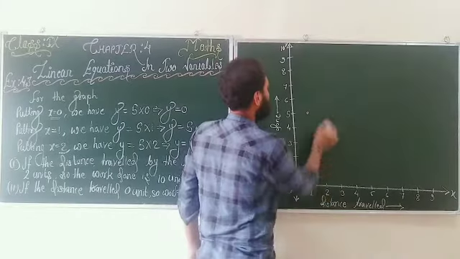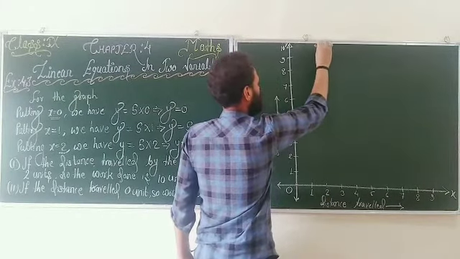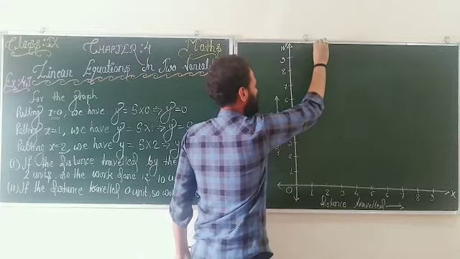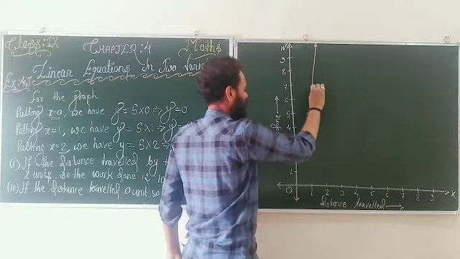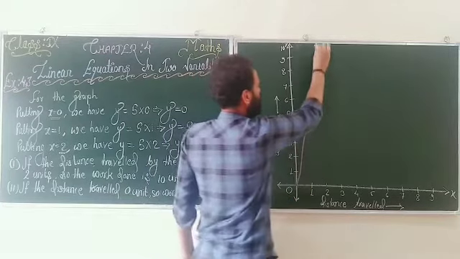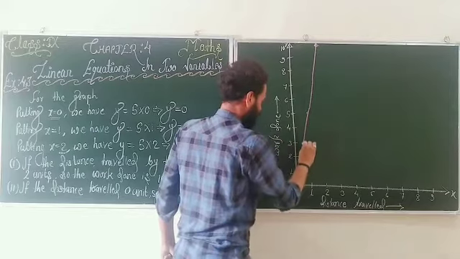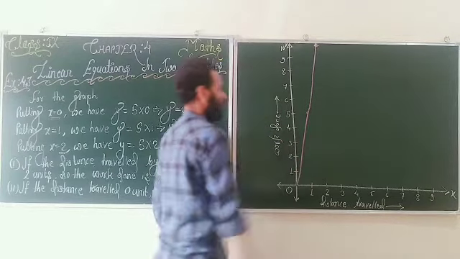If the distance traveled is 2 unit, the work done is 10 unit. If we draw this, we find a straight line.